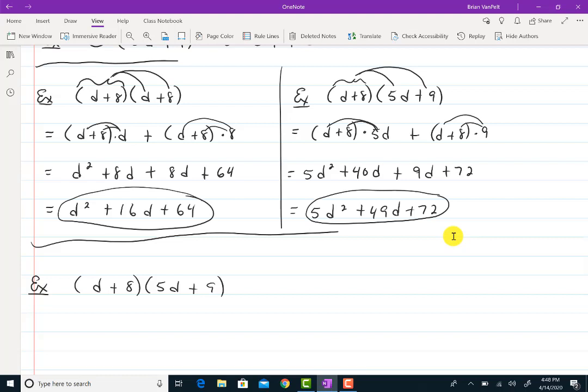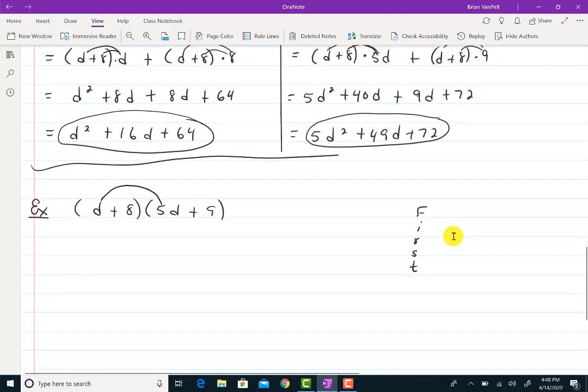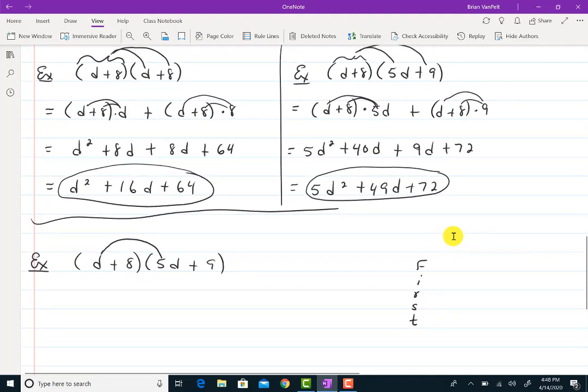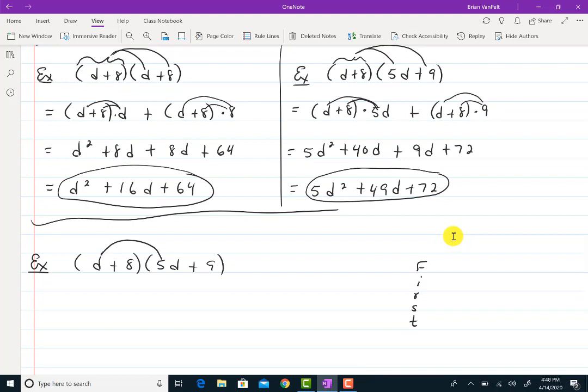I take this first d and I multiply it to 5d. This is what we call the first. The acronym I'm coming with you probably are very familiar with, but I'm going to write it down nonetheless. I do want to keep my results up there. So I get 5d squared from that multiplication.